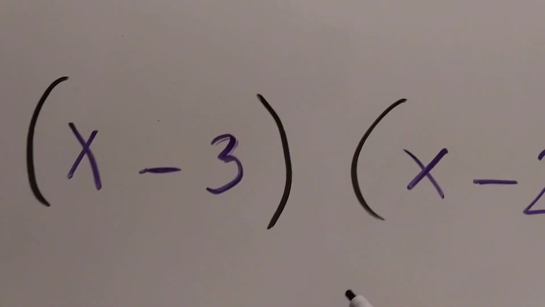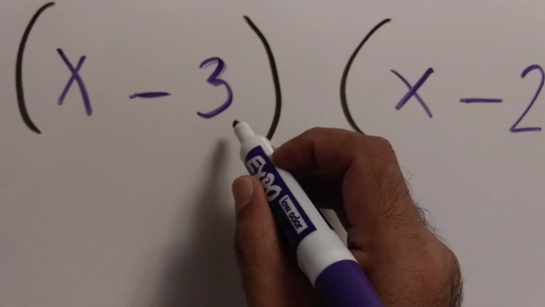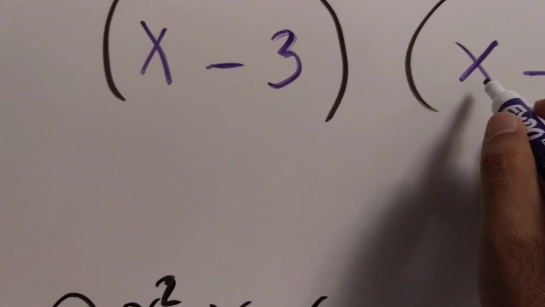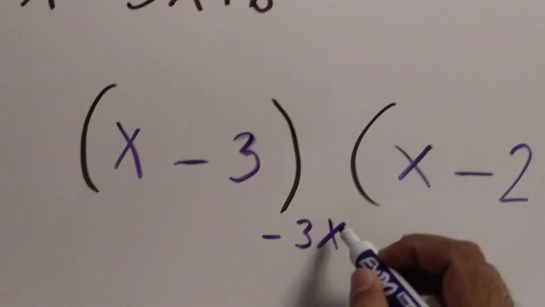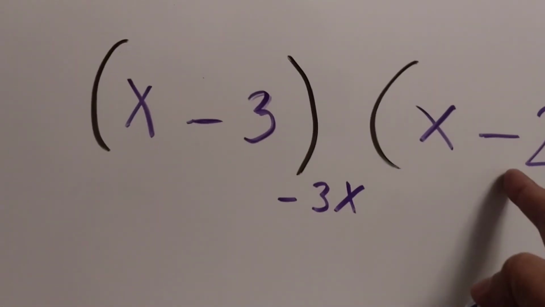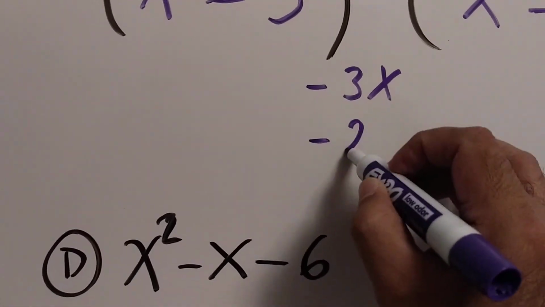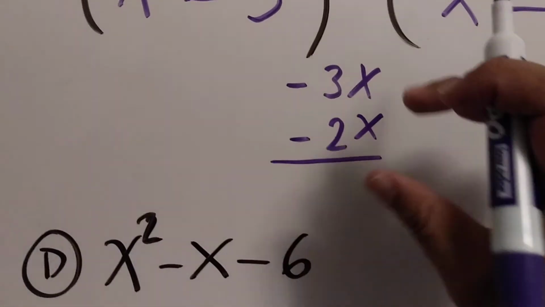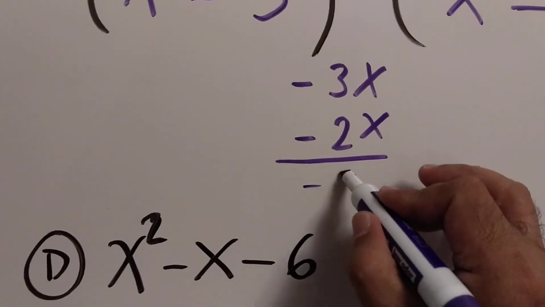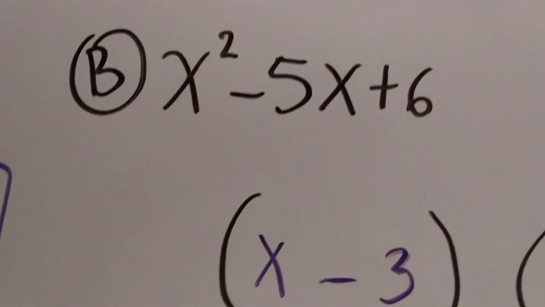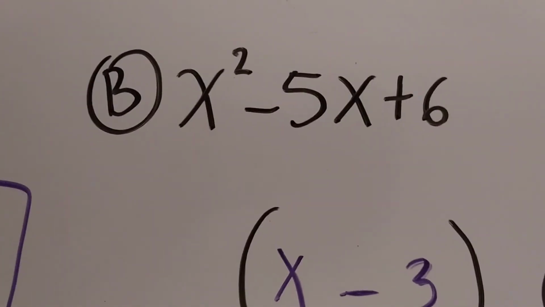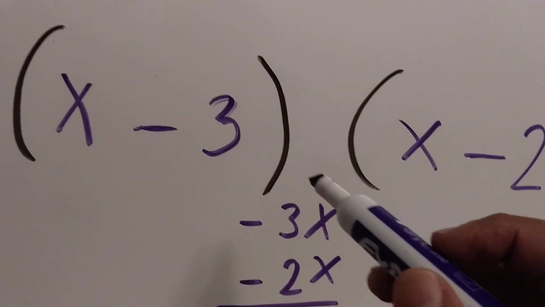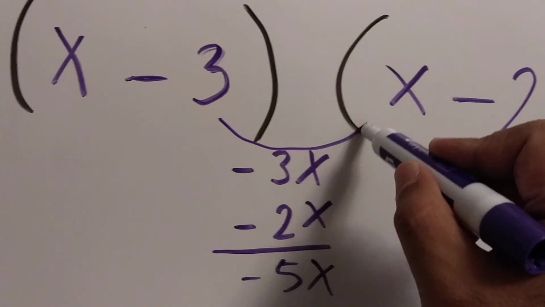Okay, so here we have negative 3 times x gives us negative 3x. If we multiply x times negative 2, it gives us negative 2x. If we combine them, it gives us a negative 5x, which is the term in the middle of our trinomial. And if you want to make it a happy face here, we'll make it a happy face here.